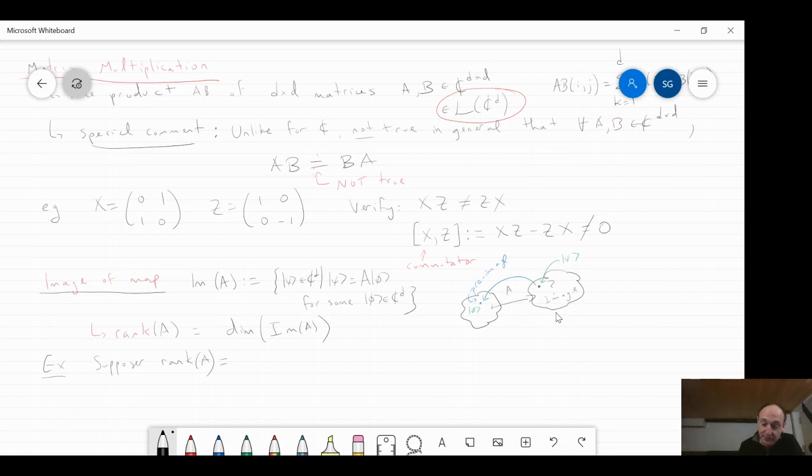And if I say, for example, that suppose the rank of A is D, okay, then what kind of map is A? Or what is the image of A more generally? Well, the image of A is d dimensions, right? It's basically the full space. Okay, so in this case, the image of A is really all of C^D.